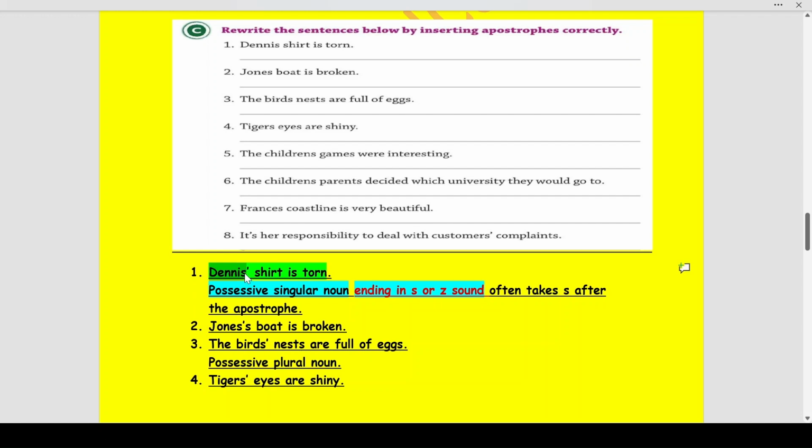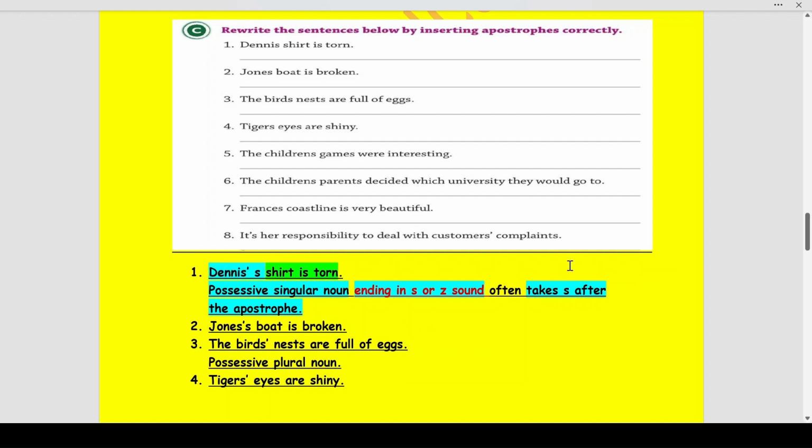Dennis. It is ending with S. So these kinds of possessive singular nouns ending in S or Z sound will take S after the apostrophe. This is a very, very important example. Here you will have to write apostrophe S. So this becomes Dennis's shirt is torn.